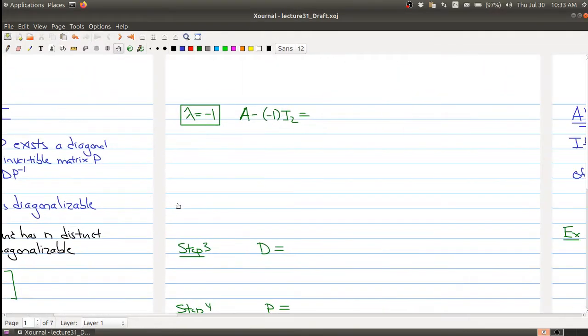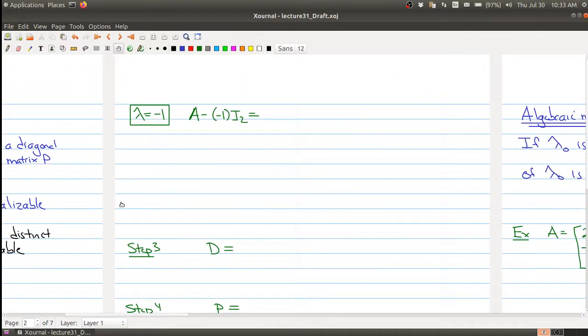And now we repeat for lambda equals negative 1. So hopefully you tried this out or you're just following along. We put negative 1 into my matrix. So I'm adding 1 down the diagonal. So I get 2, 0, 6, 0, which row reduces to 1, 0, 0. And here I see that x2 is free and x1 has to be equal to 0.